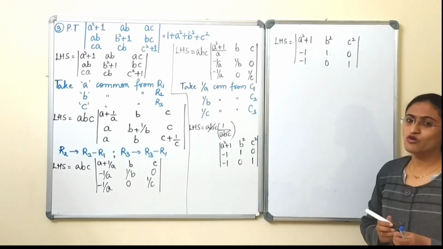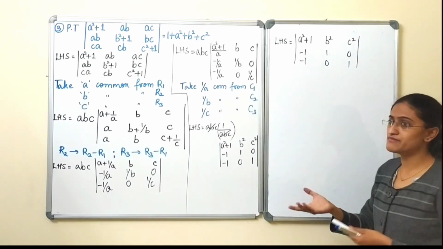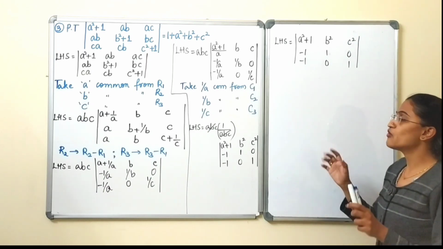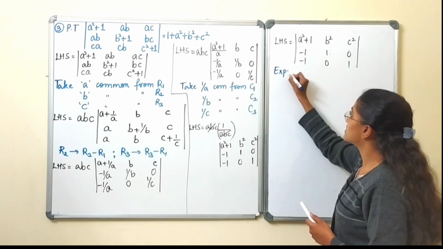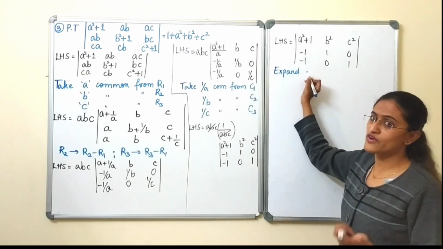Now we have no other option to simplify the determinant much, and hence now I'll expand this given determinant. You can expand the given determinant with respect to any row or any column.